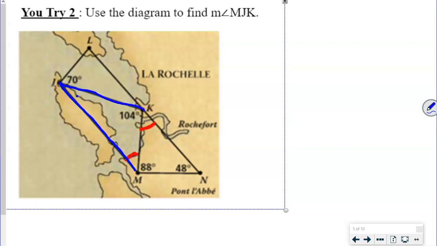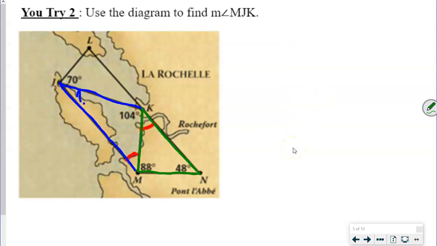So we're actually talking about that angle right there, okay? So notice that this triangle on the right over here has 2 of 3 angles, right? That one right there. So couldn't we actually use the triangle sum theorem to find that third angle? So pause the video and go ahead and do that, okay? Come back to me when you're done.